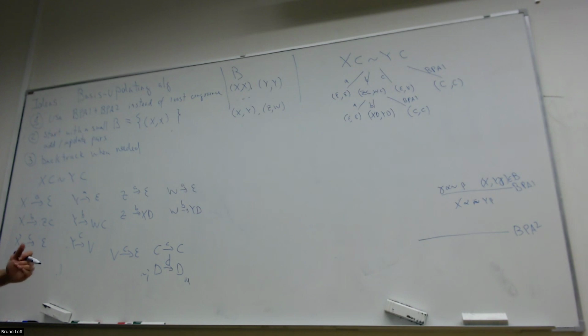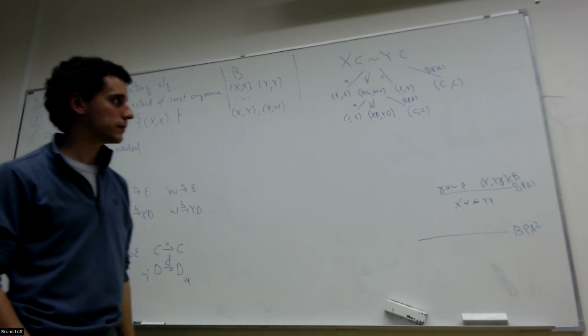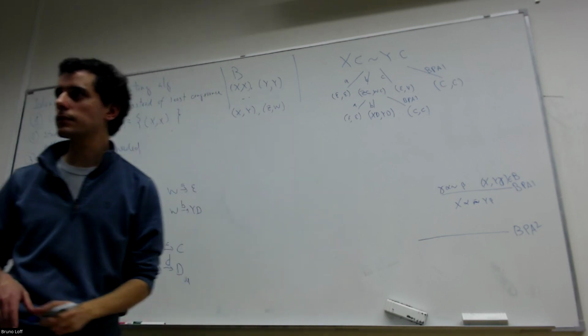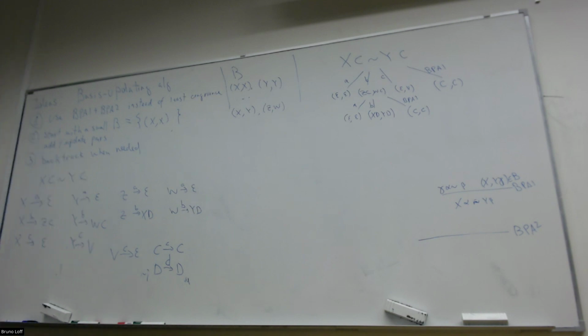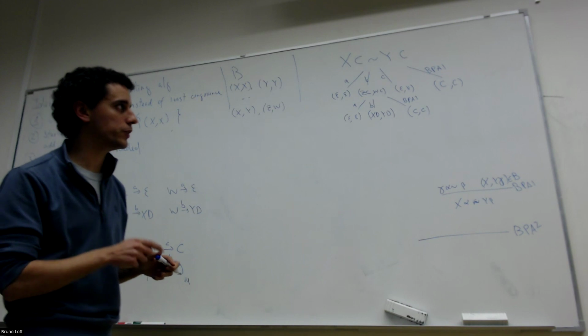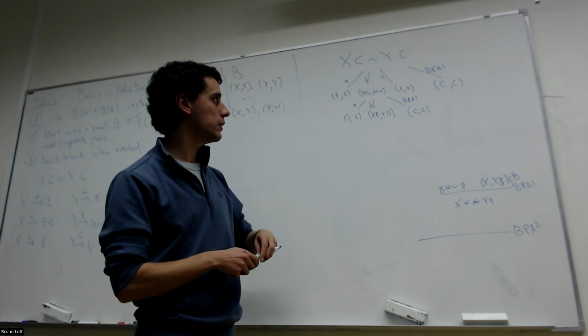So once you find a contradiction, you revisit the last guess that you've done. In B also, you have to note that this pair was added to B because of this guess. You have to keep notes of these things.